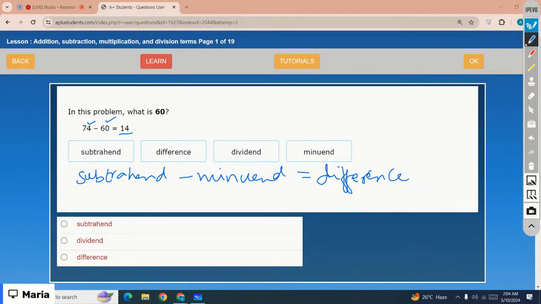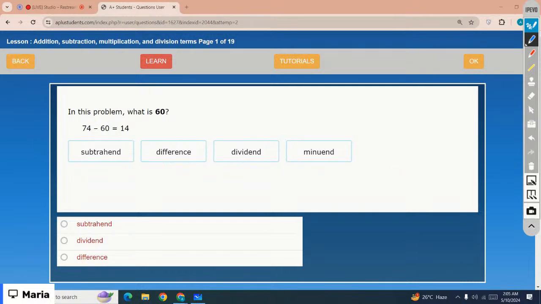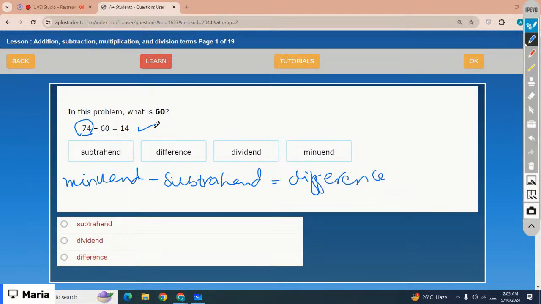Right? So 60 is the, sorry, hold on. This one is the minuend. The greater number is the minuend. The one you are subtracting is the subtrahend, and 14 is the difference. 14 is the difference between minuend and subtrahend.